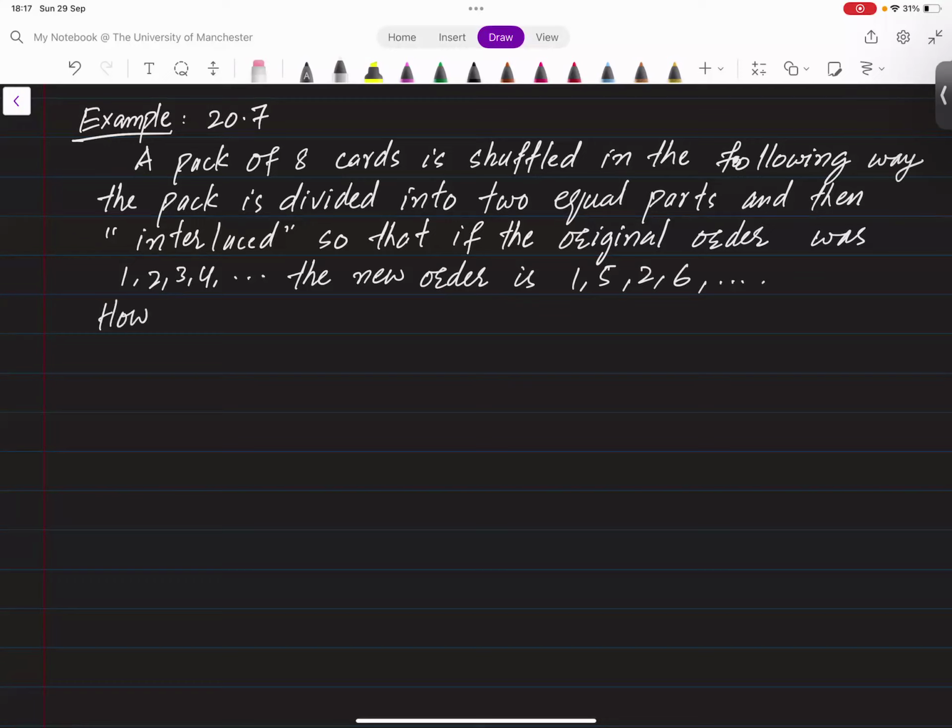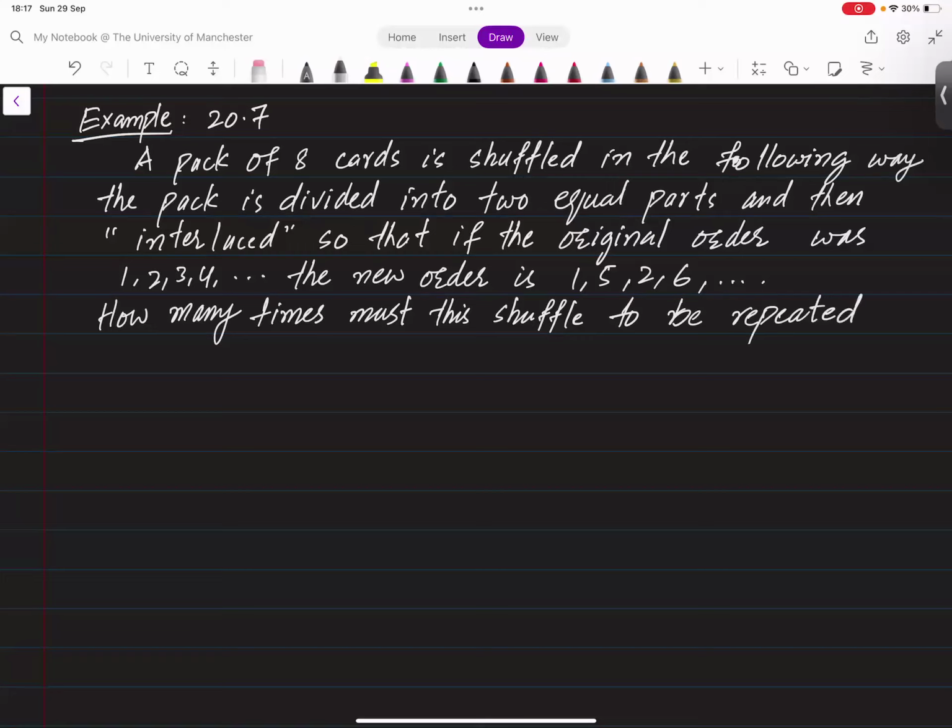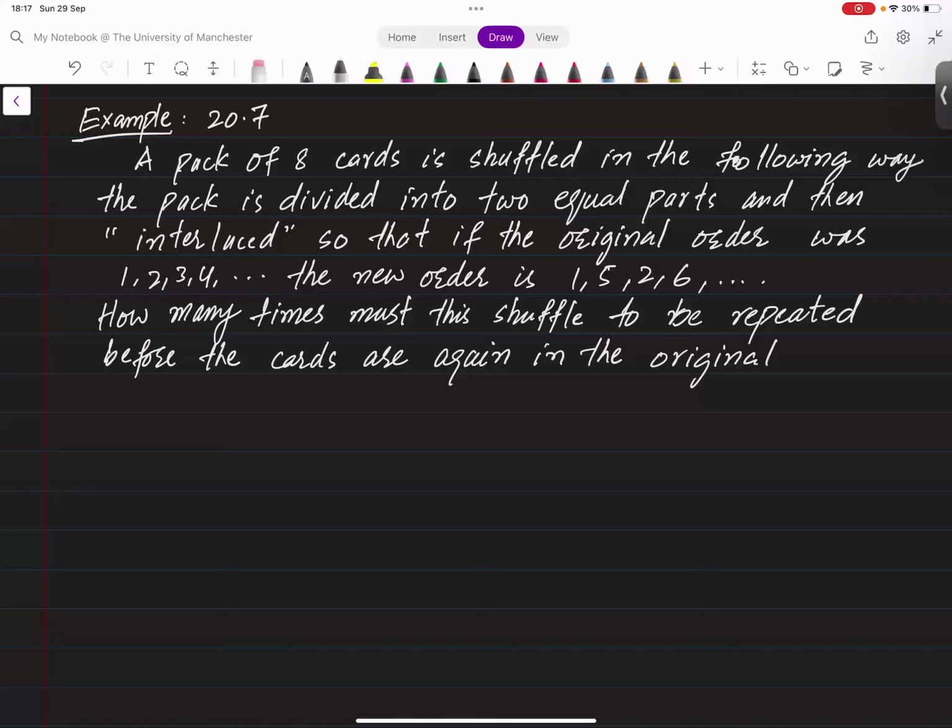And how many times must this shuffle be repeated before the cards are again in the original order?